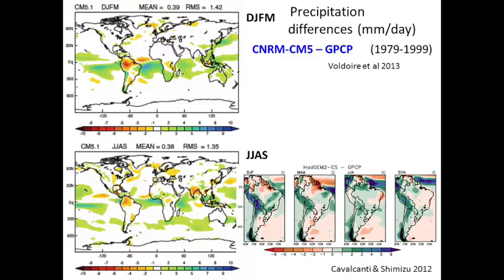I think that the best model I saw, where the error is small, is the Hadley Centre HadGEM2-ES model. And just to show you, I put here these results. This is the difference. We can't compare this directly with this because here it is plotted, one is green and yellow is -1.